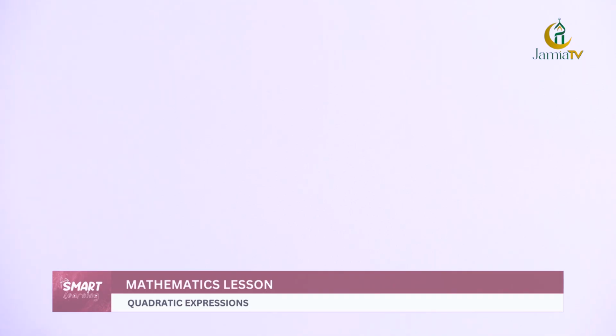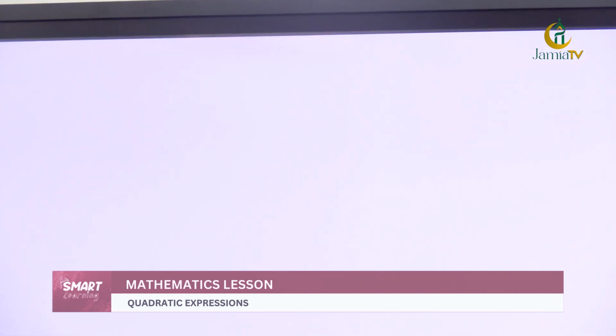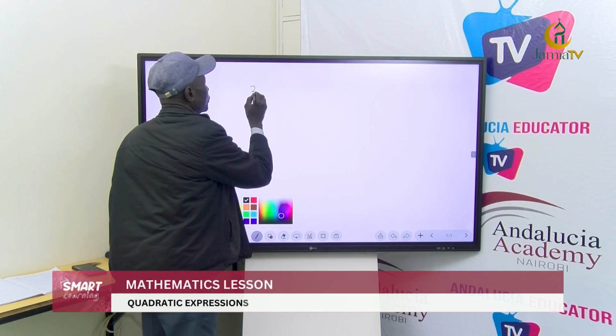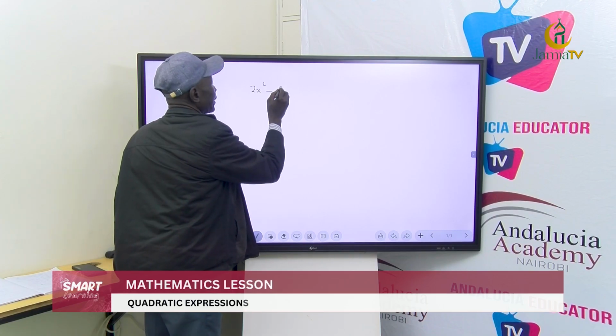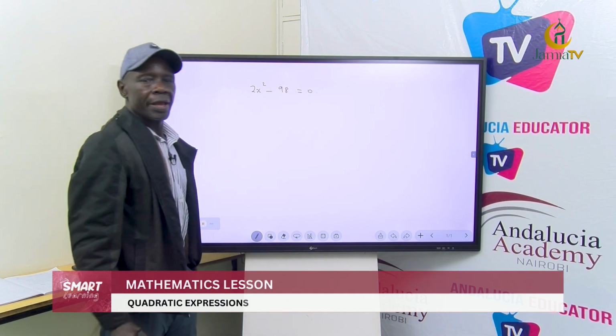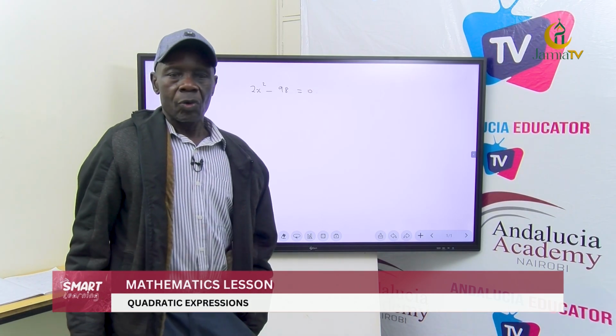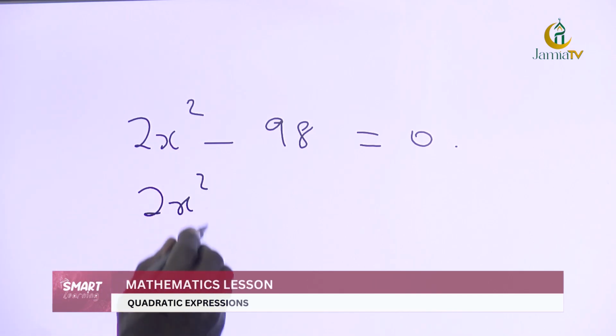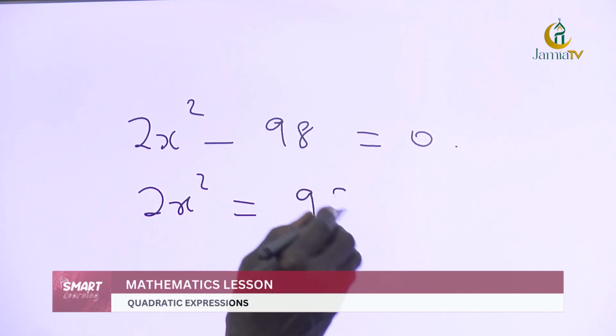So, our first number is what normally gives challenges. You have 2x squared minus 98 equals to 0. Now, the easiest way, of course, for people to do is they will say, let 2x squared equals to 98.